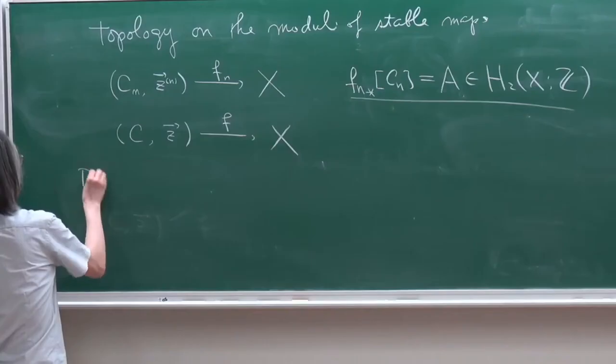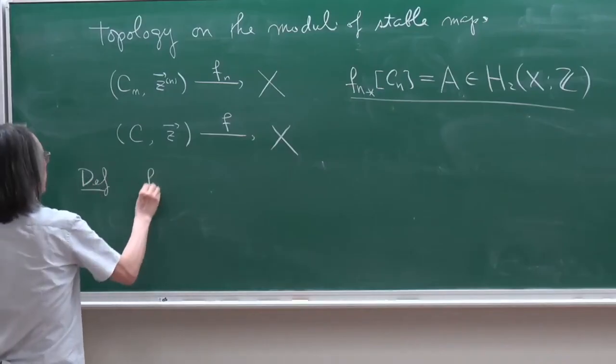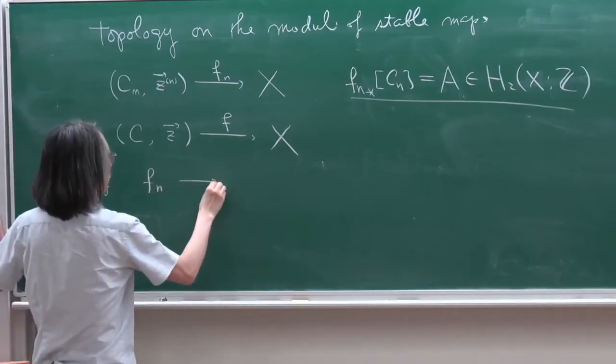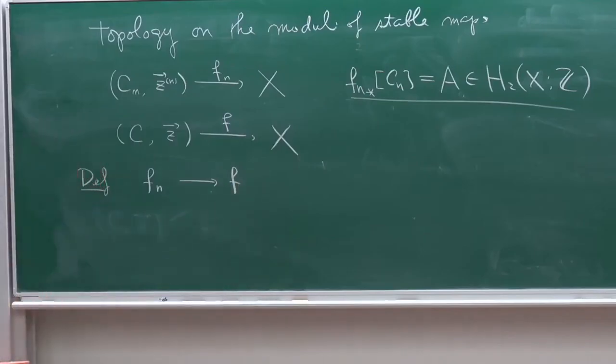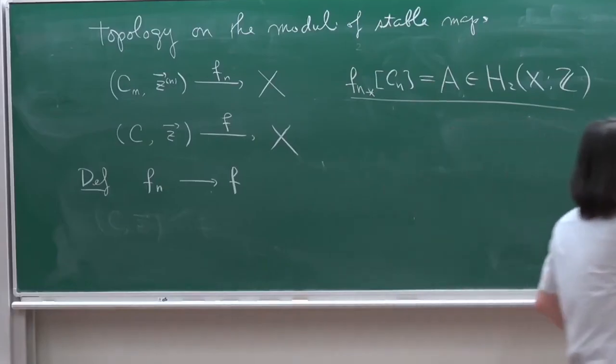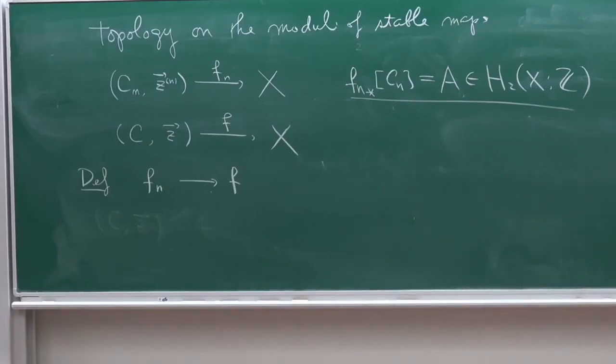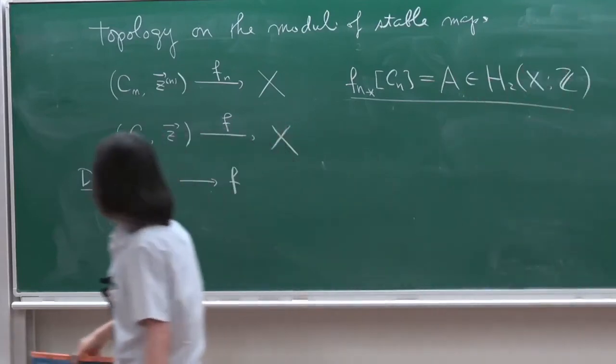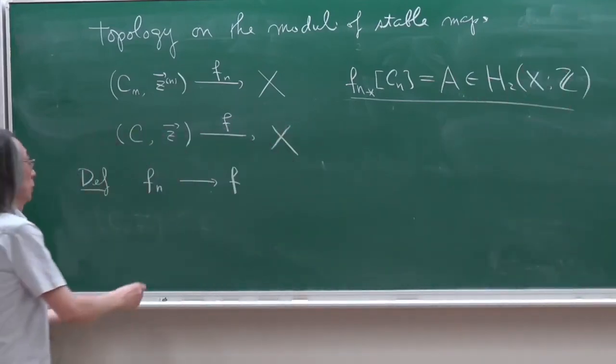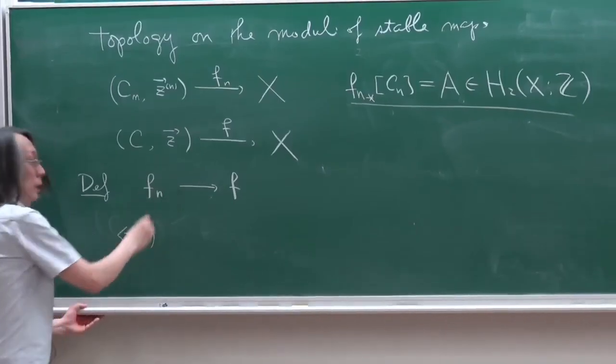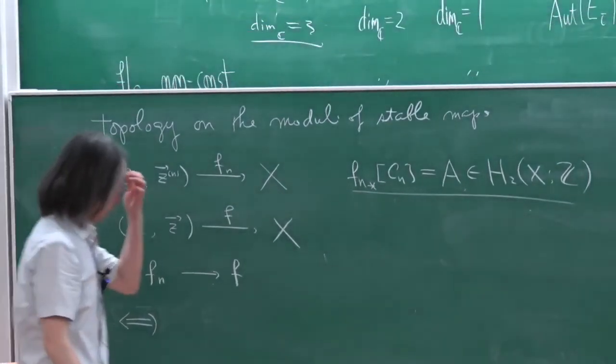So with the definition, this Fn converges to F if the following thing is true. This may be a little bit tricky. I have to give the definition of this.